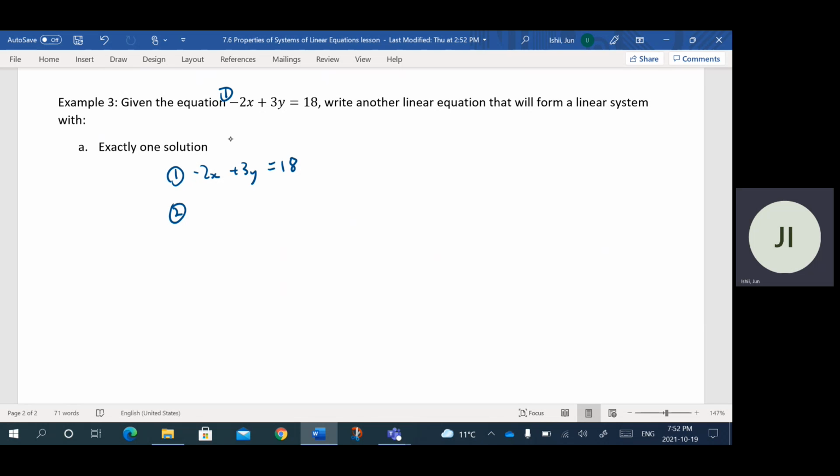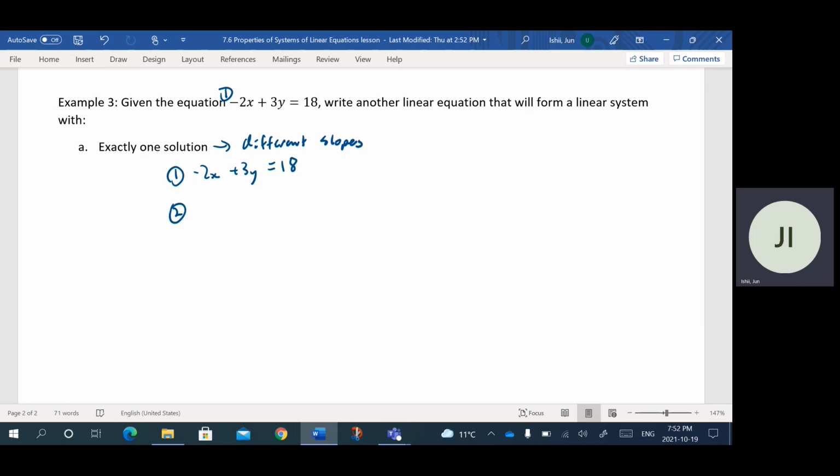In order for this to be true, we just need to have different slopes. If the two lines have different slopes, then they'll cross at one point.